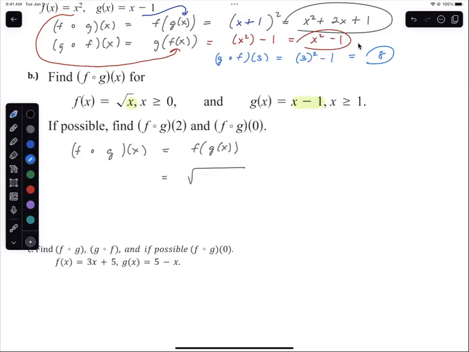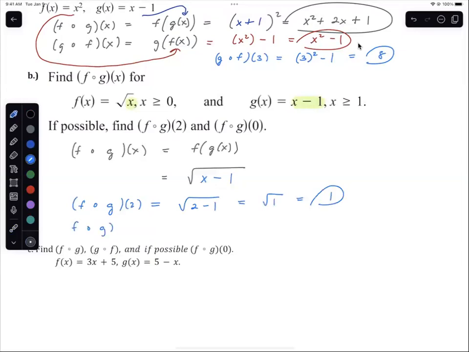So it's going to be the square root of x minus 1. Then f composed with g of 2 means that I'm going to plug 2 in for x in this function. So it's going to be the square root of 2 minus 1, which is the square root of 1, which is 1.